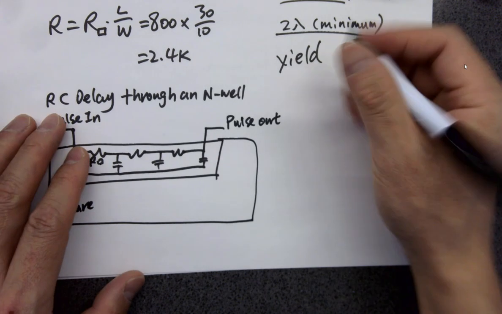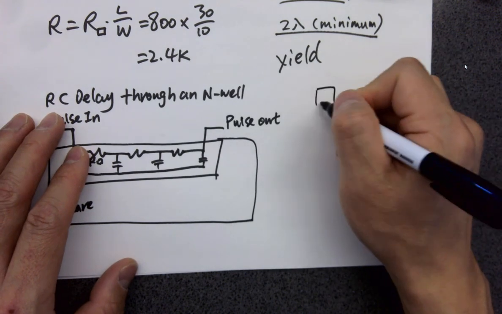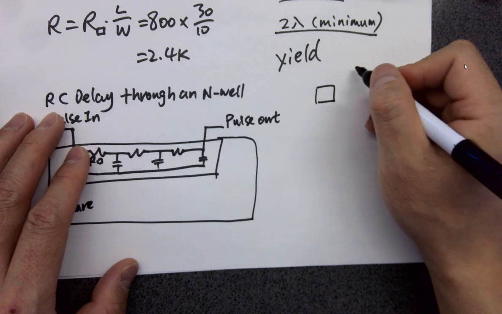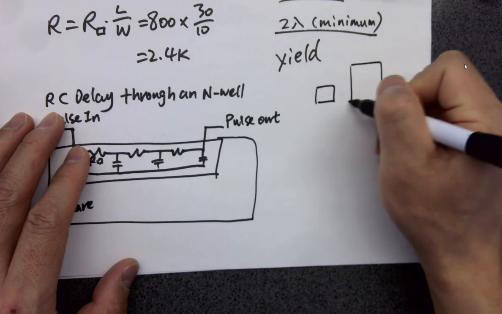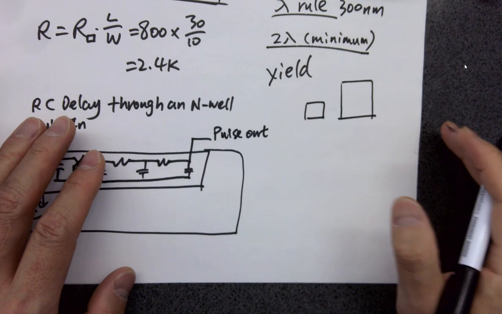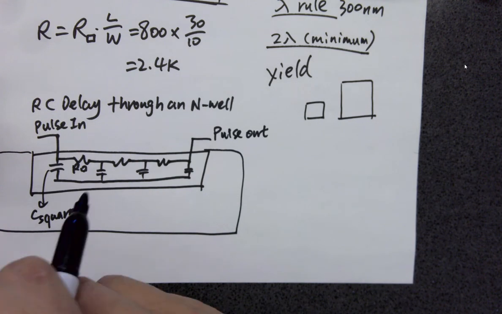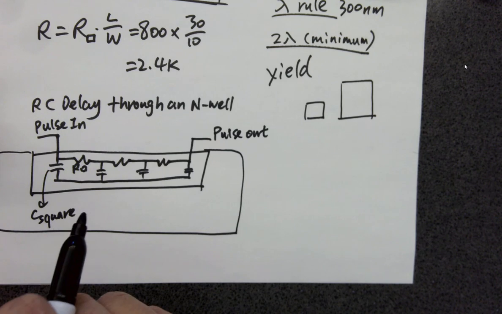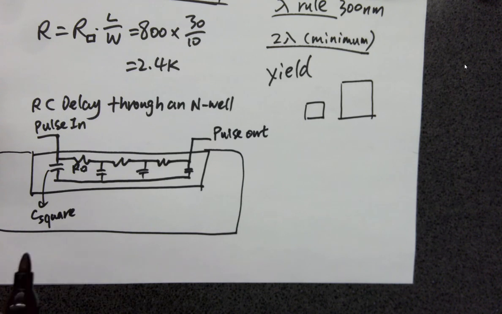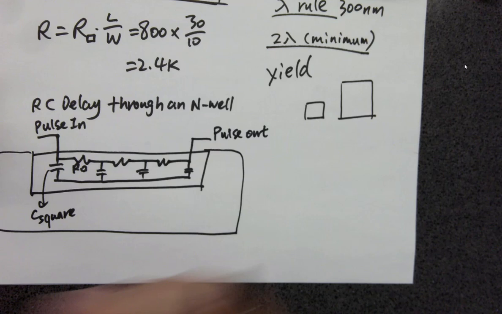Another set question here. For capacitance, if I have a little square and a bigger square, do they have the same capacitance? Definitely not. But resistance, they do have the same resistance, but they don't have the same capacitance. Why?